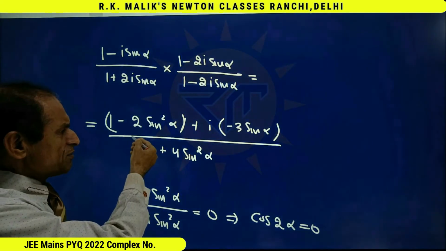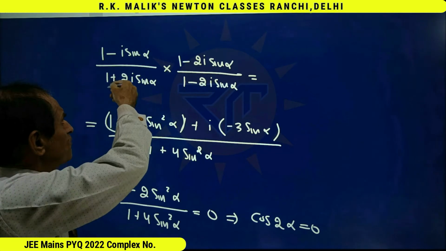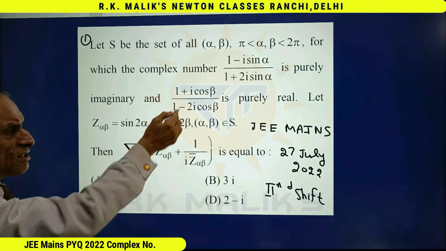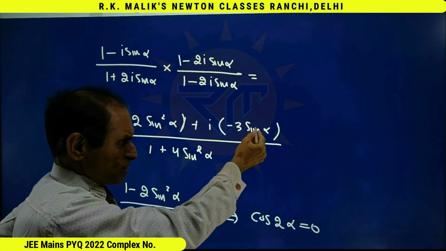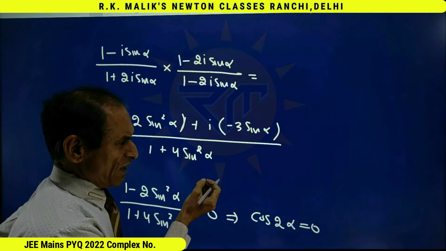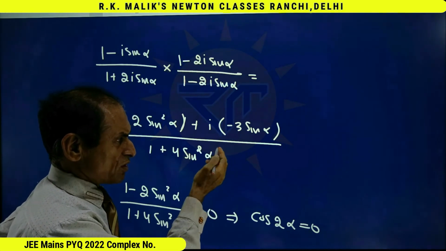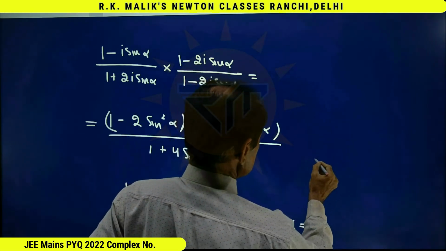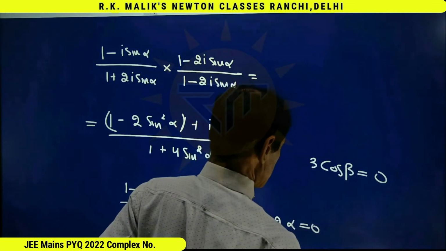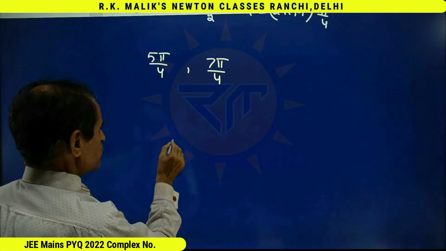And it clearly means if I had simplified this, here I will be getting 3 cos beta. Agreed? You can solve it, but because every second is very important, therefore the imaginary part is going to be 3 cos beta and I will put it equal to 0.